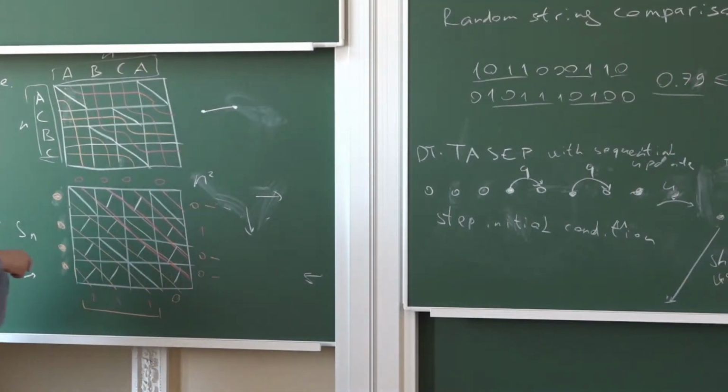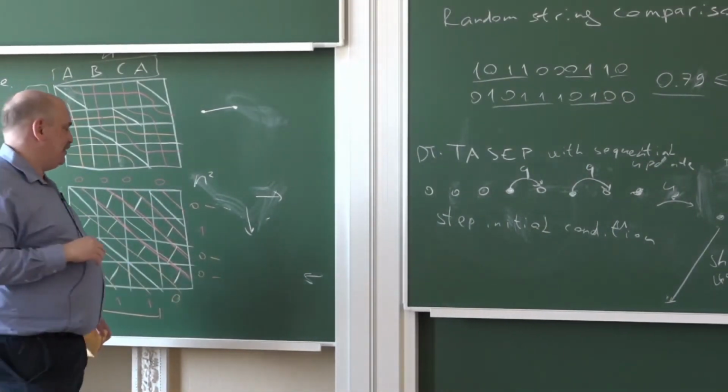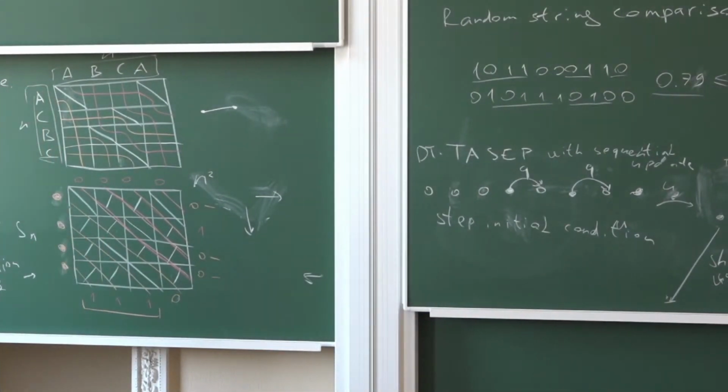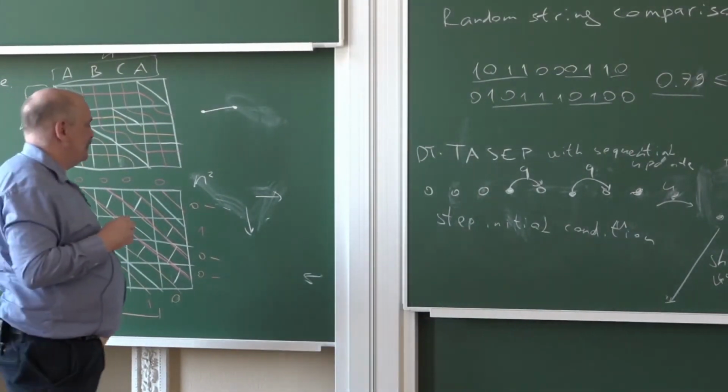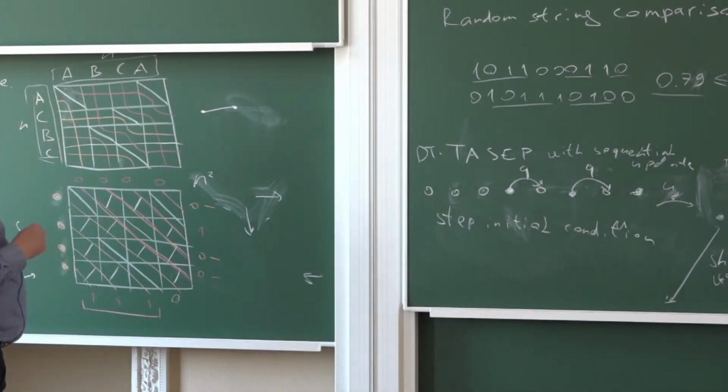So the T-sep that goes through the left-hand side of each comparison has to have lower density than the one that goes through the right-hand side of the comparison, right?